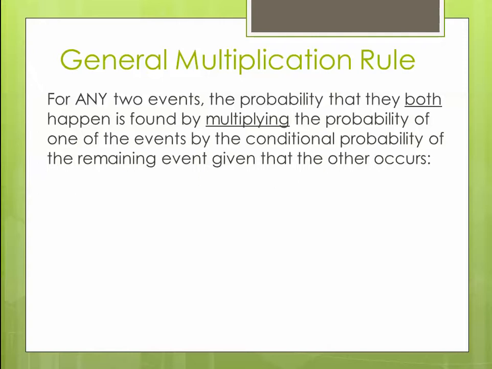So for any two events, the general multiplication rule says that we can multiply the probabilities of one event with the conditional probability of the remaining event, given that the first one happened. So now we're taking that multiplication rule and we're taking out that need for independence, and we're saying we have a general multiplication rule we can use anytime if we introduce conditional probability into it.